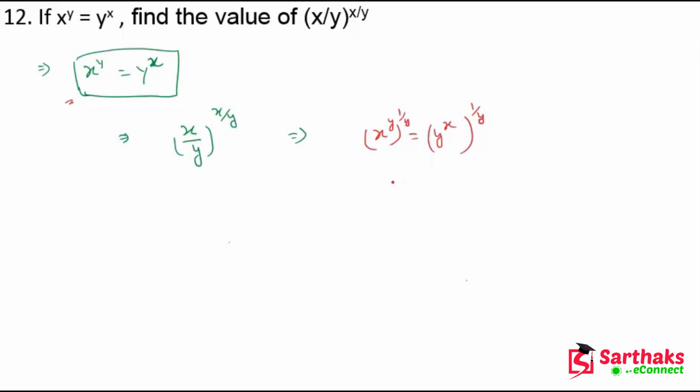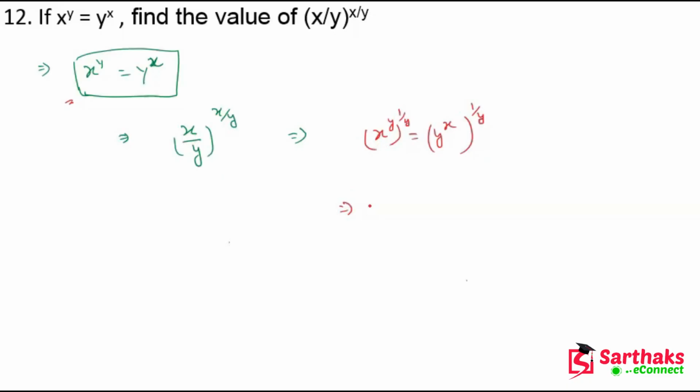So here what we are doing? We are doing on both sides 1 upon y raised to power 1 upon y. Okay, understand? So from this we can get the value of x, simple x.